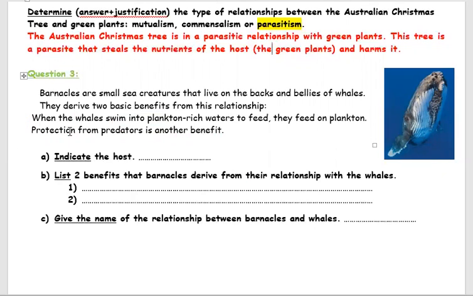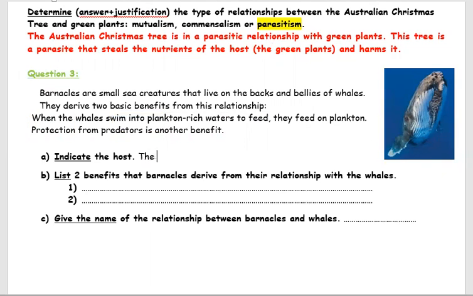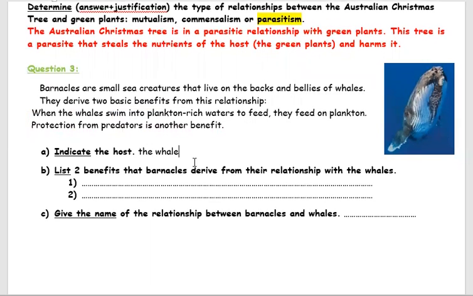In this case, who is the host? The barnacles stick to the whale's backs and bellies. So the host in here is the whale or whales. I will write the whale. The whale is the host.